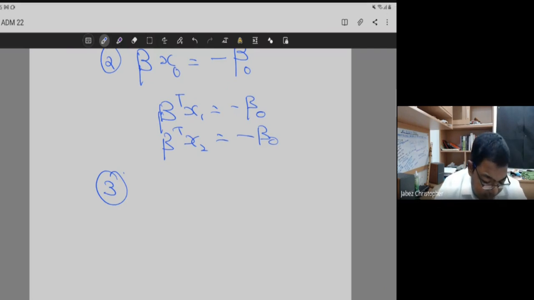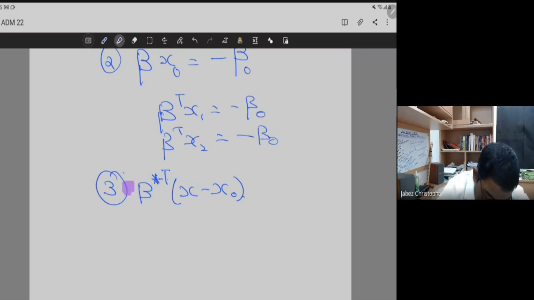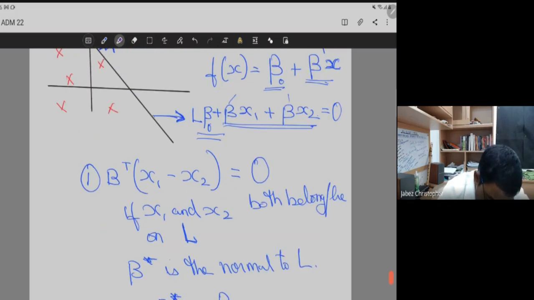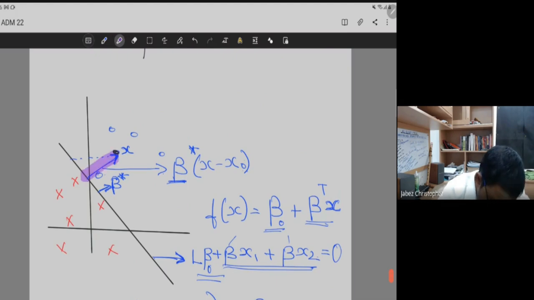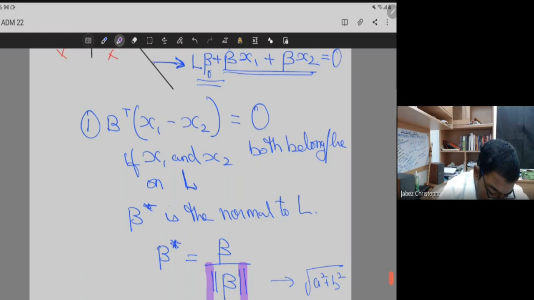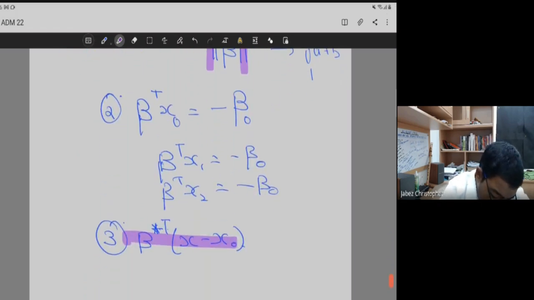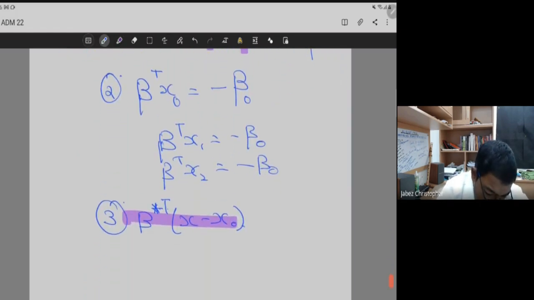And the third thing is, what is this? Beta star transpose. This distance. Yes, this distance.